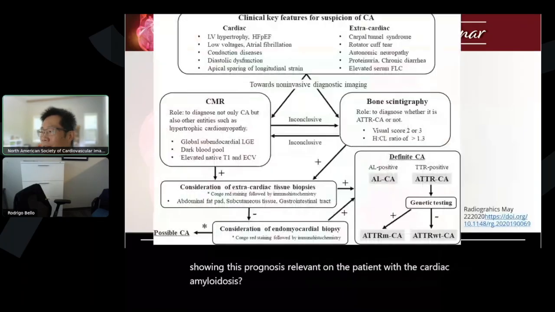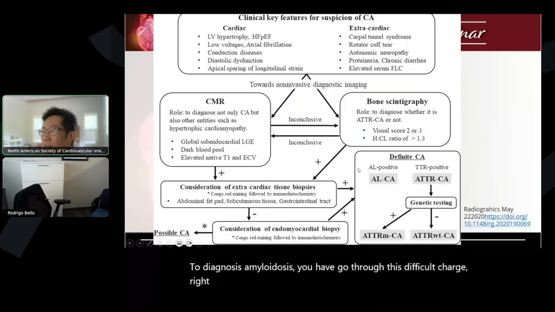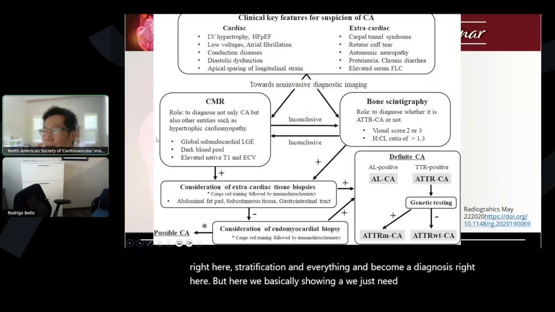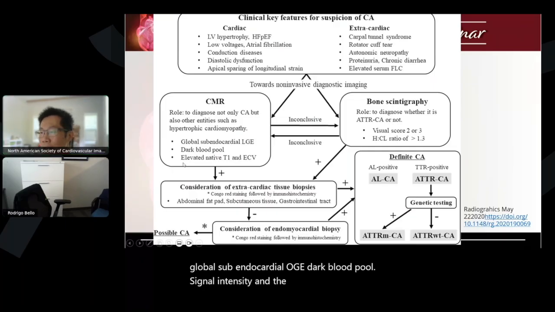To diagnose amyloidosis, you have to go through this difficult chart right here, with stratification and everything. But here we're basically showing that on a cardiac MRI, as part of an MR reader, you can recognize global subendocardial LGE, dark blood pool signal intensity, and elevated T1 and ECV.